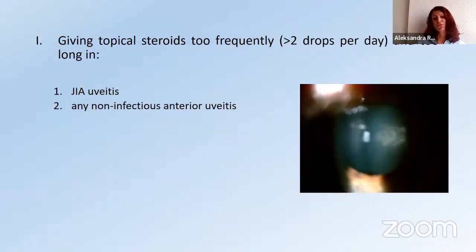So this is a patient. Of course, if you give a young child with juvenile idiopathic arthritis and uveitis topical corticosteroids too long or too frequently, more than 2 eye drops per day, it will develop a posterior subcapsular opacity or cataract, but also any other non-infectious anterior uveitis will have the same course.